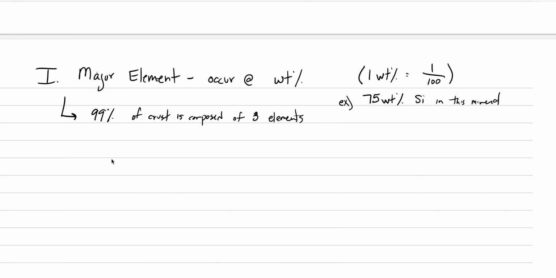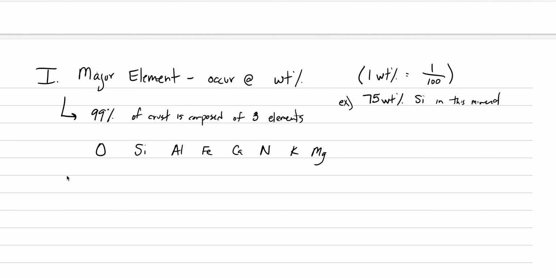But for here, let's just talk about the crust. And the most abundant, I want you to learn this in order as well. The most abundant element in the Earth's crust is oxygen. By far and away, it's the most common major element in the Earth's crust. Next is silicon, then aluminum, then iron, calcium, sodium, potassium, and magnesium.